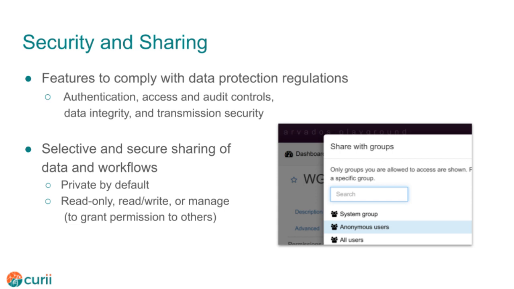Some things that Arvados does to maintain security include requiring that all API endpoints require the client to present a secret access token which identifies a user, encrypting all traffic using TLS by default, and supporting data encryption at rest. Arvados supports various single sign-on systems, including LDAP, OpenID Connect, and Google accounts. Data uploaded to Arvados is private by default, but can be shared with other users or groups at different access levels.